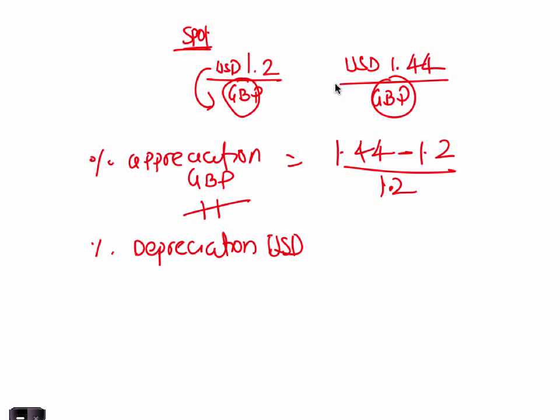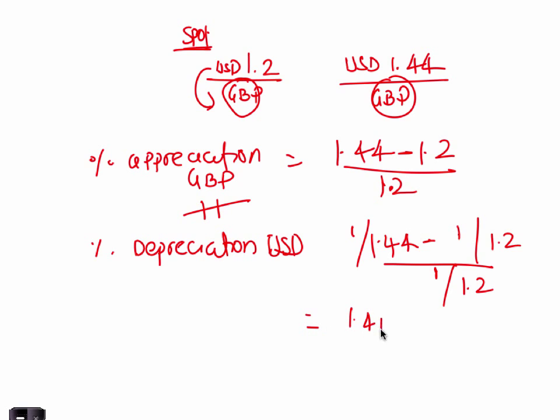That means the inverse of 1.44 minus the inverse of 1.2, divided by the inverse of 1.2. If you solve for this, the percentage of depreciation will come out to be 1.44 minus 1.2 divided by 1.44. Is it fine? That means just by shifting the base, you could calculate the percentage of depreciation in the US dollar.